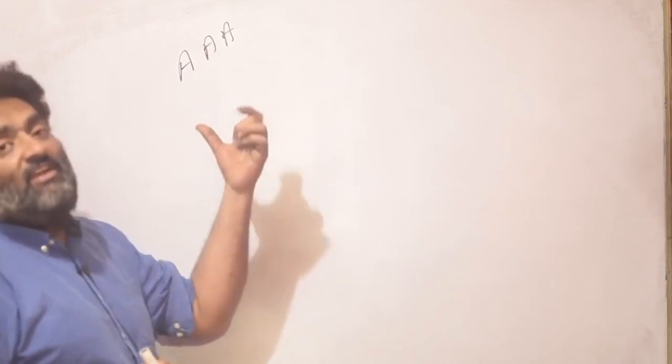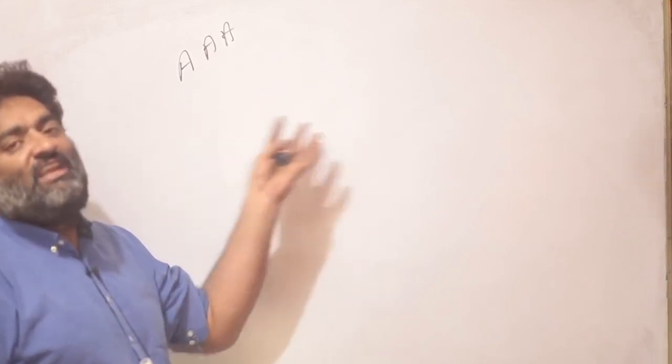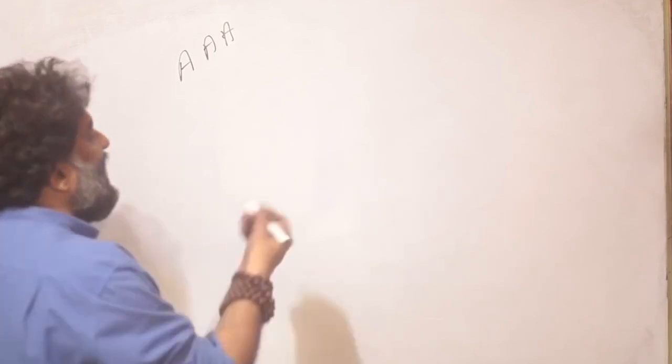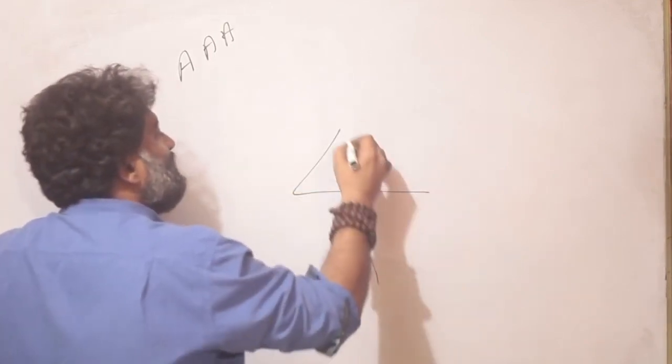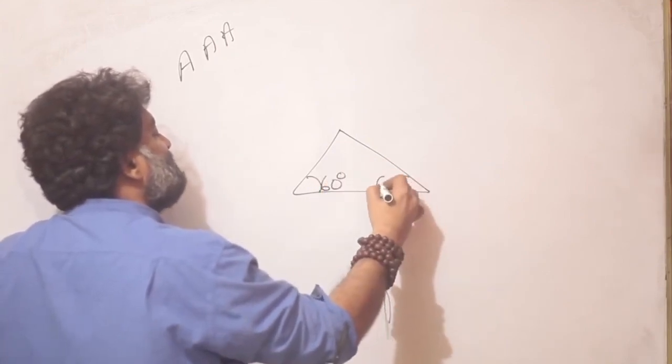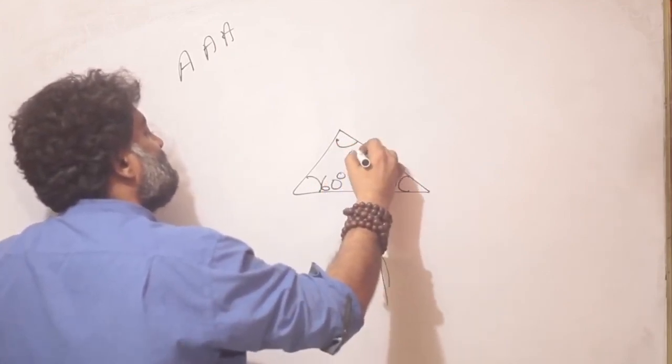And very quickly, if it is given that for two given triangles all three angles are equal to each other, will the triangles be congruent? And once again the answer is no. For example, I create an equilateral triangle, 60 degrees, 60 degrees, 60 degrees.